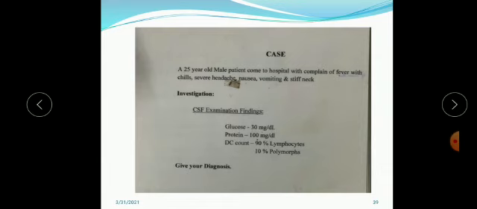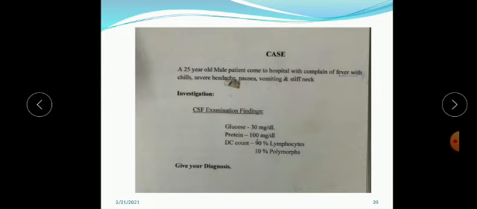So the diagnostic clue here is fever with headache, nausea, vomiting and neck stiffness. Whenever there is neck stiffness and CSF is carried out, think of meningitis. Glucose level is mildly decreased, protein level is increased, and there is presence of lymphocytes.